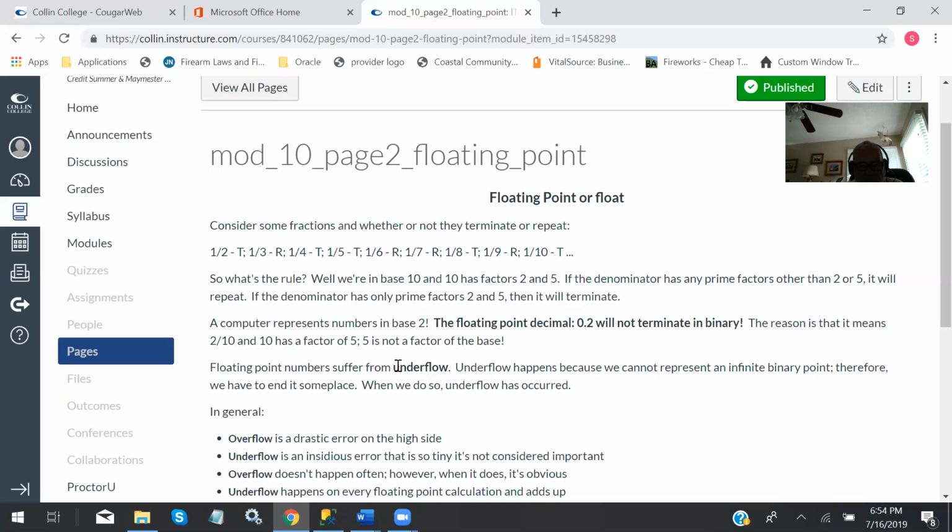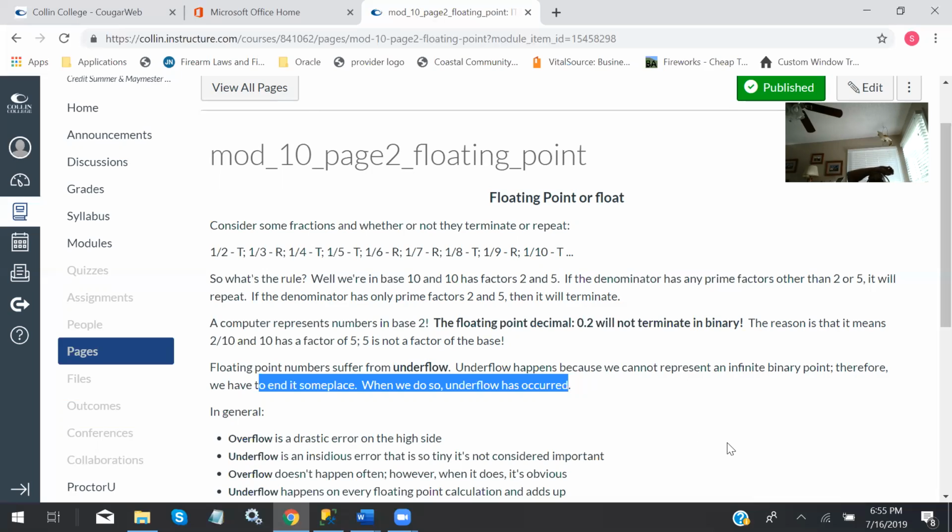This is called underflow. And I'm not going to get too much into this number theory. I don't want to get way into that. Underflow happens because we cannot represent an infinite anything. Therefore, we have to end it someplace. If you consider the fraction 1/3, what is 1/3 in decimal even?